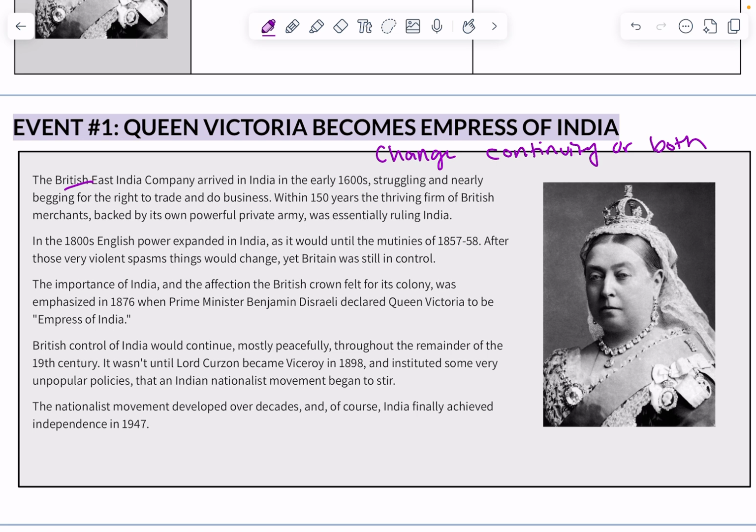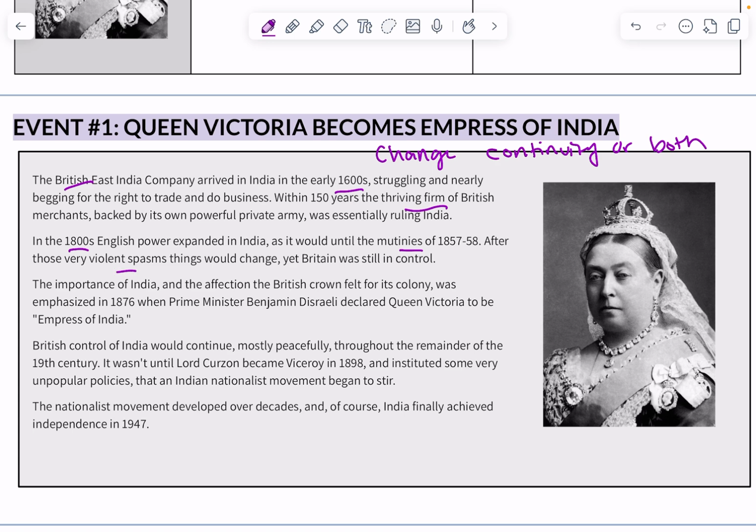The British East India Company arrived in India in the early 1600s, struggling and nearly begging for the right to trade and do business. Within 150 years, the thriving firm of British merchants, backed up by its own powerful private army, was essentially ruling India. In the 1800s, English power expanded in India, and as it would until the mutinies of 1857 and 58.